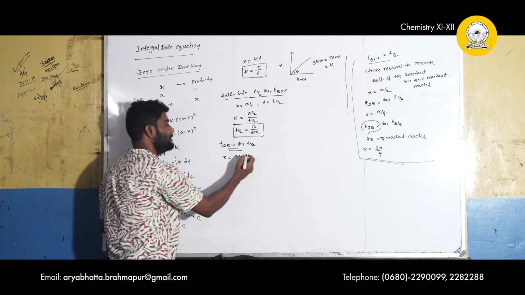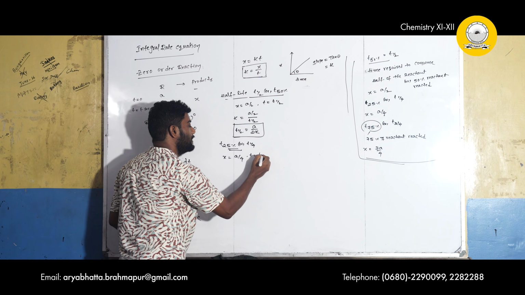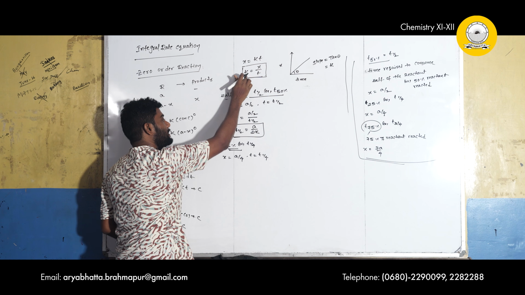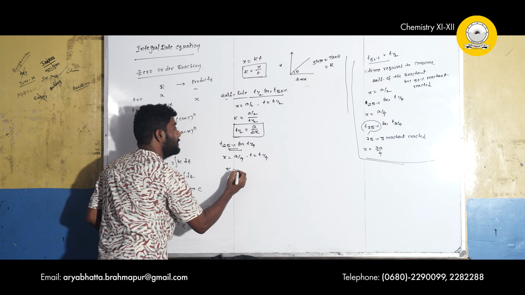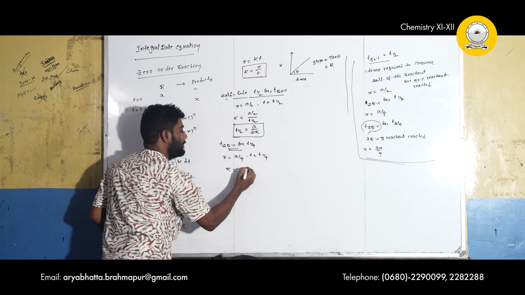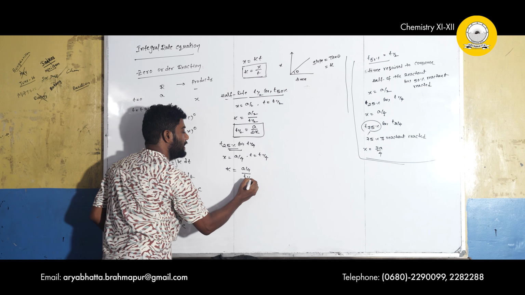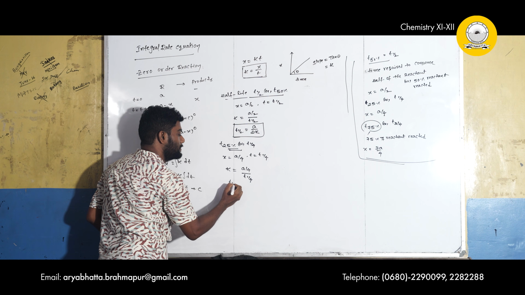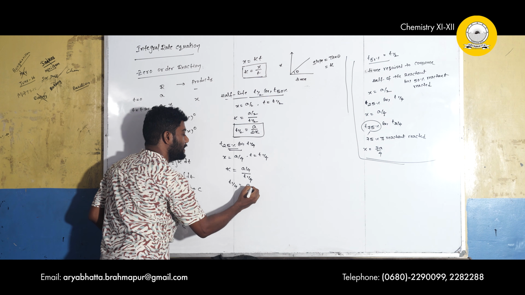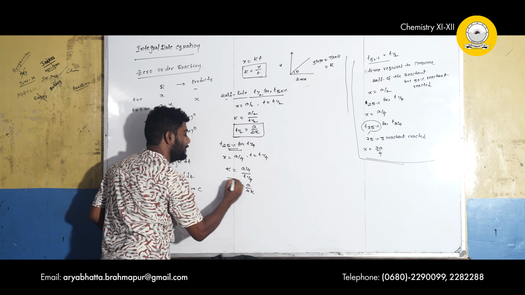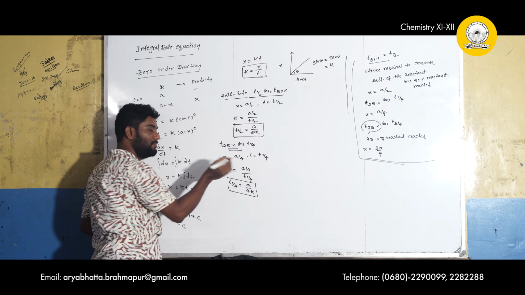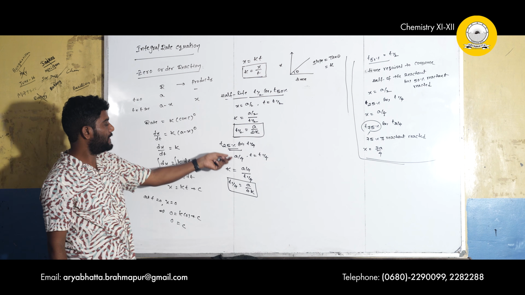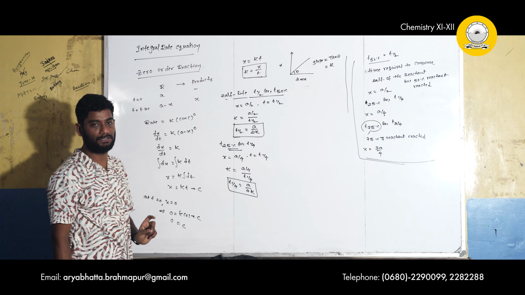Substitute X equal to A by 4 and T becomes T 1 by 4. So K is equal to A by 4 by T 1 by 4, so T 1 by 4 equal to A by 4K. Like this, whatever is asked here, we can use X.